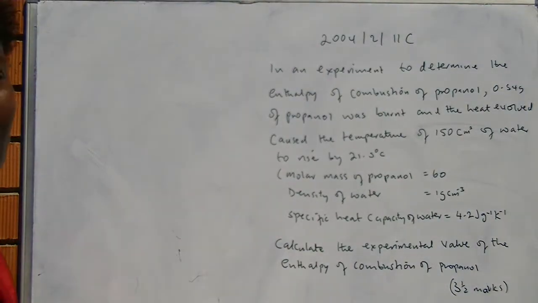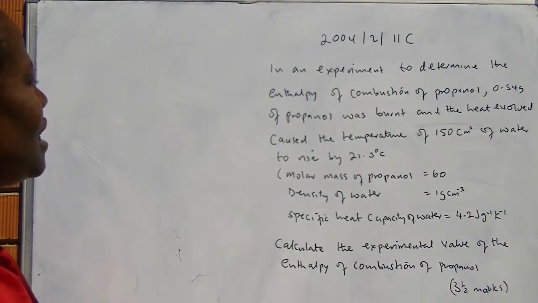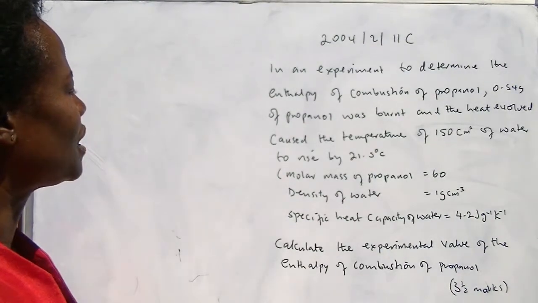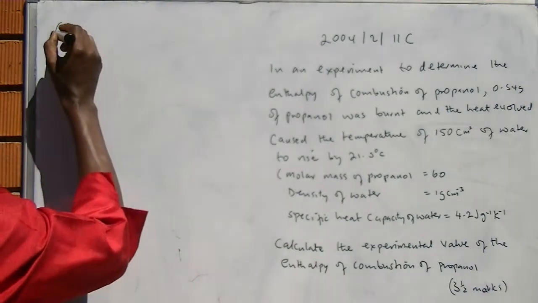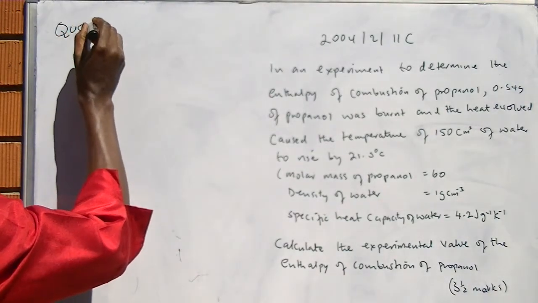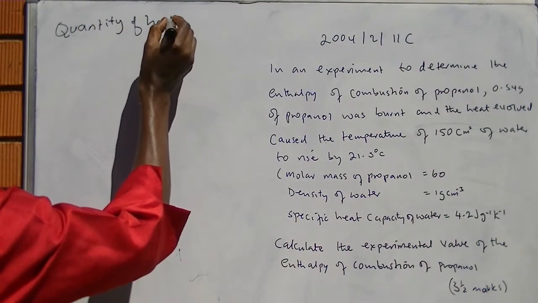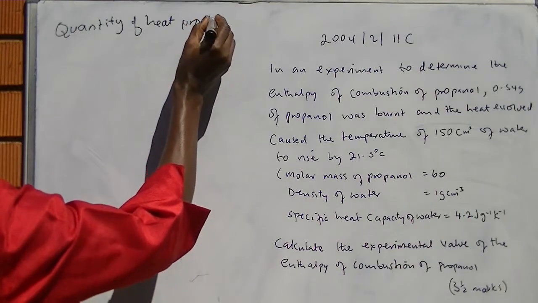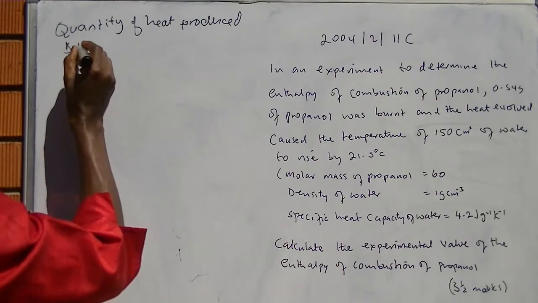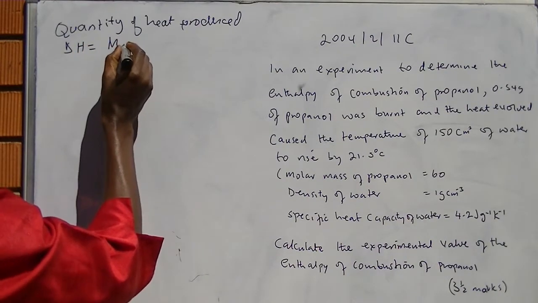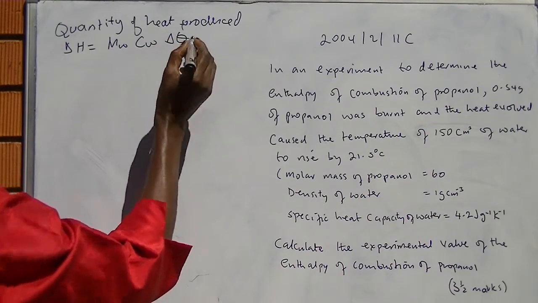So here we are going to first get the quantity of heat produced that raised the temperature of water to 21 degrees Celsius. So quantity of heat produced, the letter H, is equal to mass of water times specific heat capacity times change in temperature.